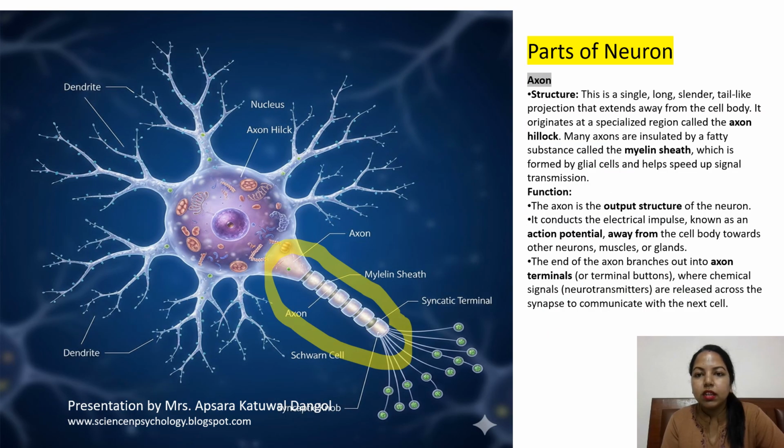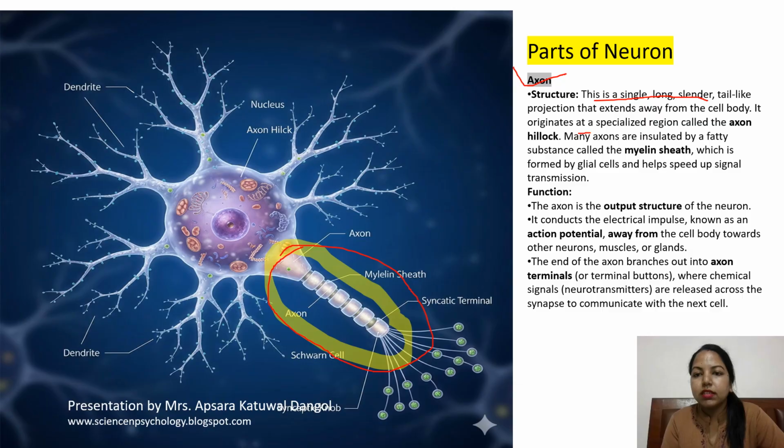Now next is the axon. As you can see, this is the axon. It is the long, single, slender, tail-like projection, as you can see in the figure, and it extends away from the cell body. You can see dendrites radiating from the cell body, but the axon extends away from it.